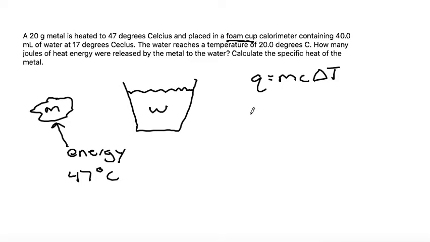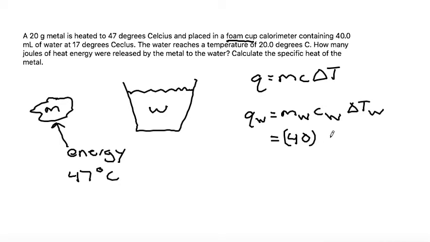So the energy of the water is equal to the mass of the water times the specific heat capacity of water times the change in temperature of water. We know the mass of the water, because it is 40 milliliters, and water is 1 gram per milliliter. So because it's 40 milliliters, it's also 40 grams.